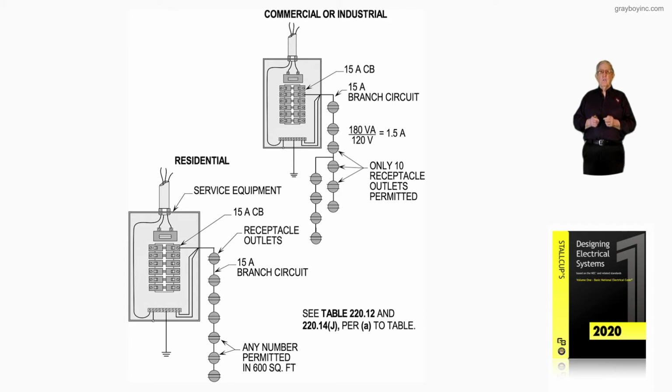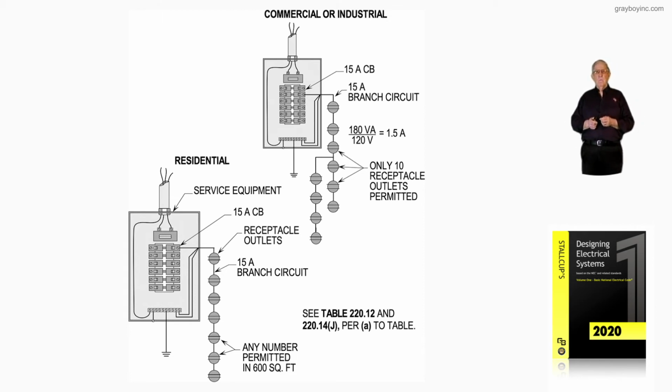But now when we get into commercial, to the right, it changes. We know that we have to look at 220.14(L), and we would take 120 volts into 180 VA per outlet that's listed in 220.14(L).